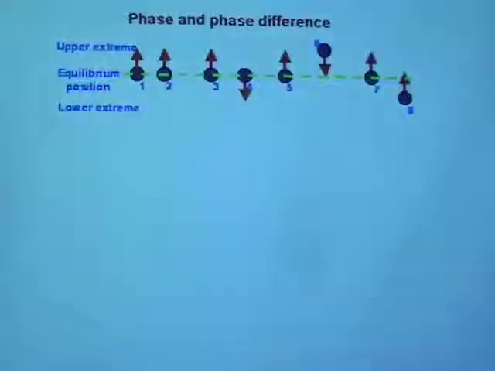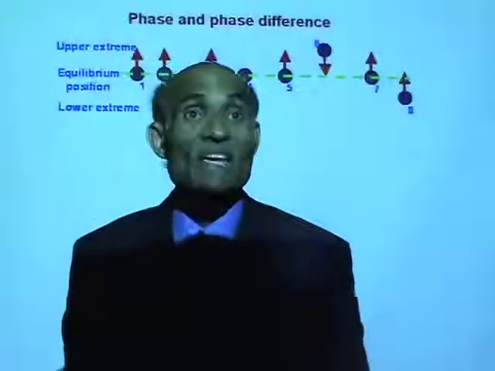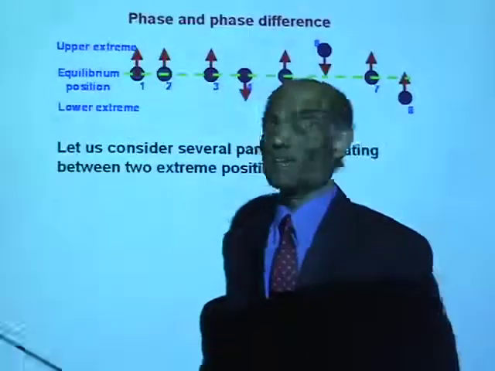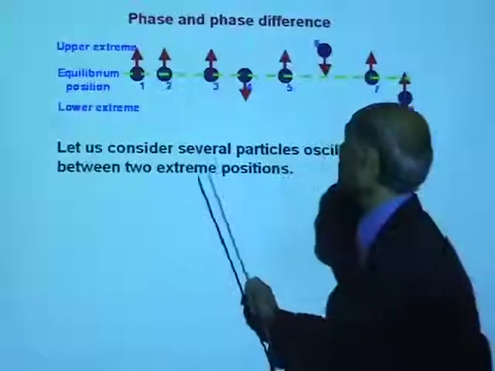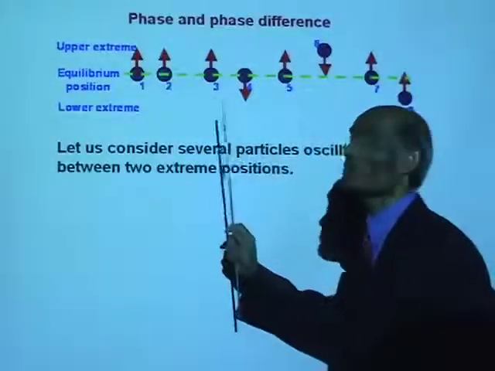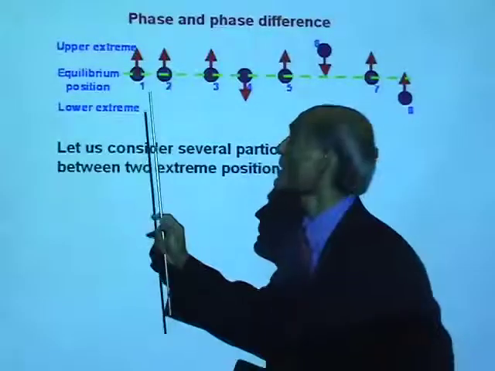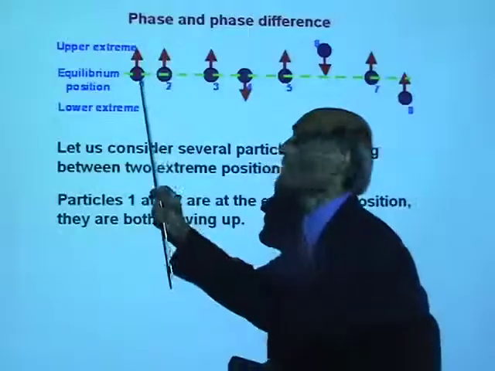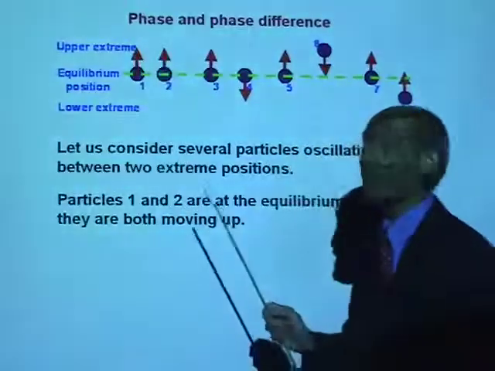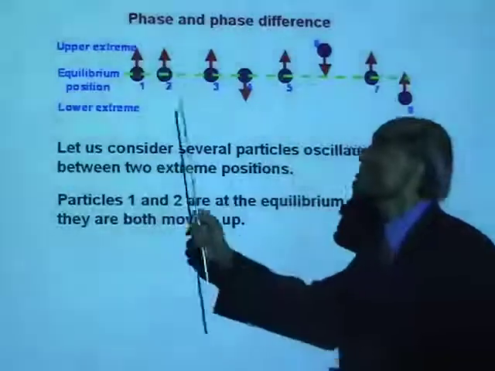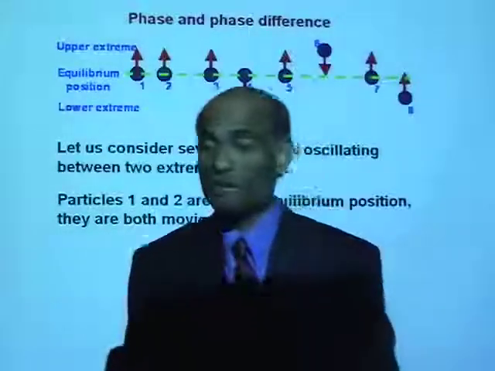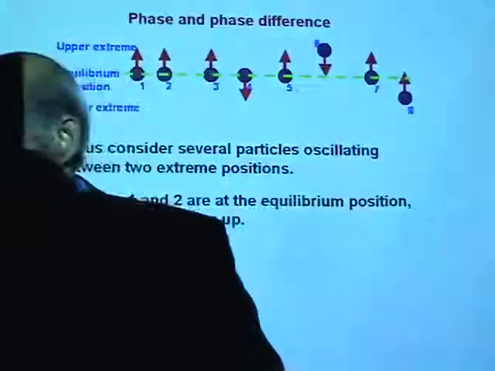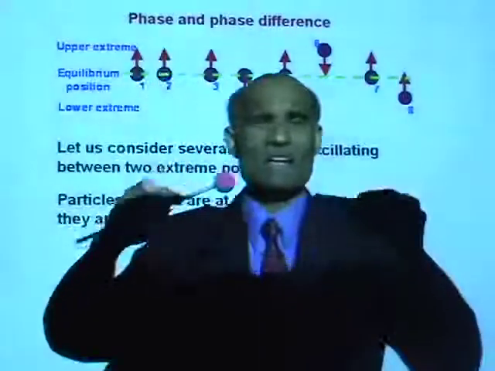Alright, so what is the meaning of phase of vibration? Let's consider several particles oscillating between two extremes. Now here I have particles 1 and 2. Particles 1 and 2 are at the equilibrium position and they are both moving up. Now let me see if I can illustrate that here.